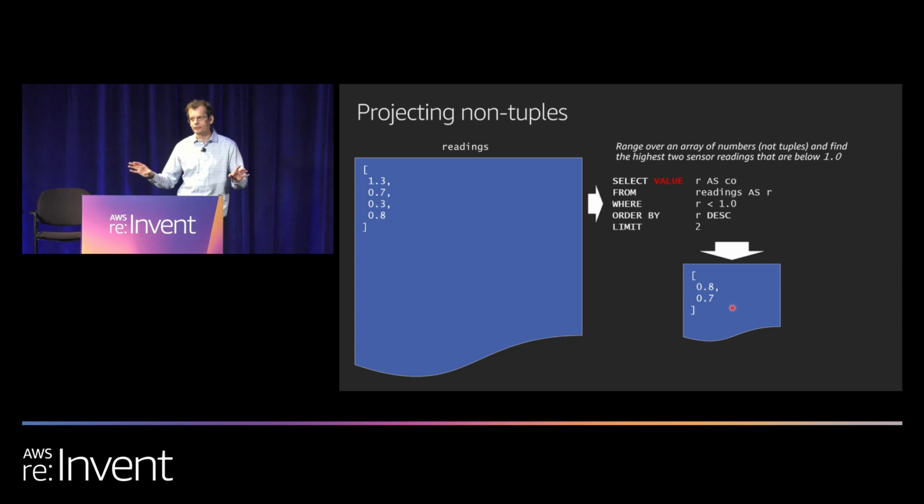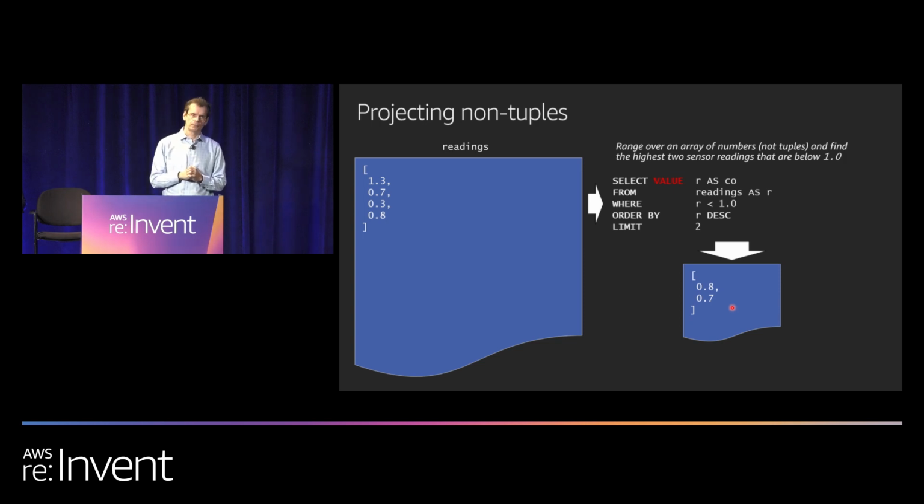I'm not saying anymore that the output is a collection of tuples, a table that has a carbon monoxide that has these values. No, now I'm going straight into saying my output is an array that has these scalars.